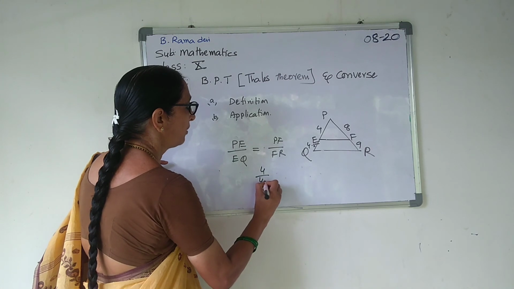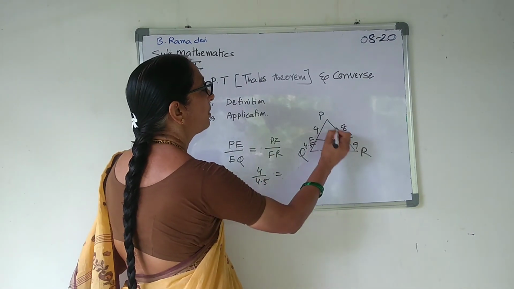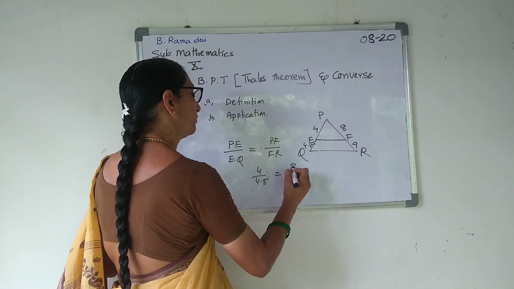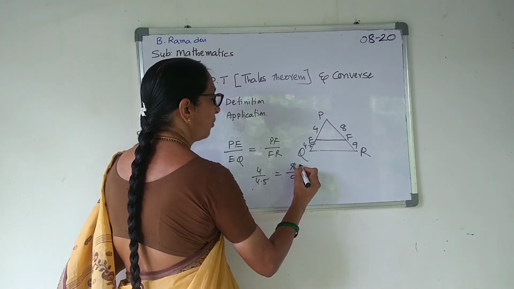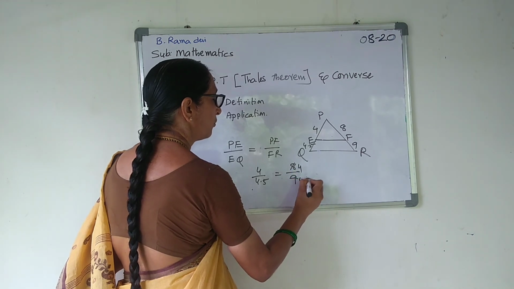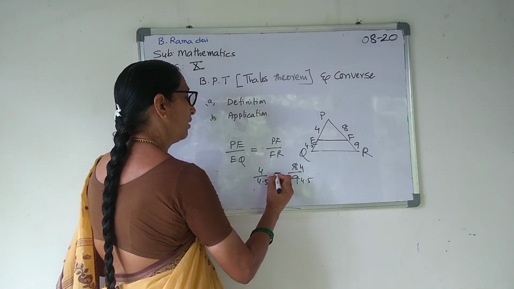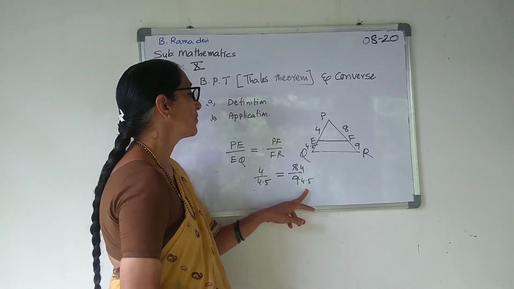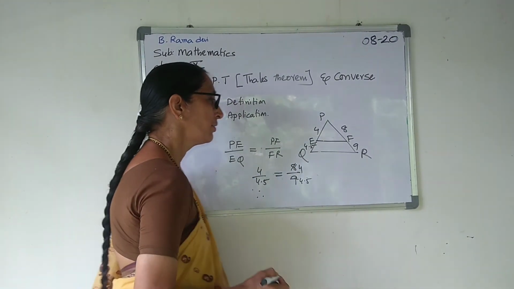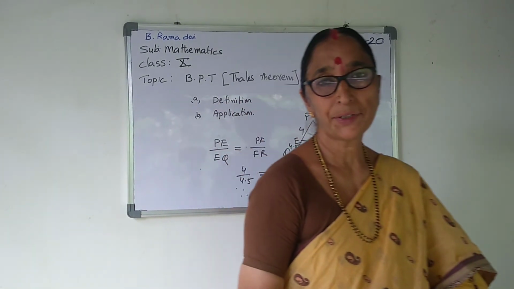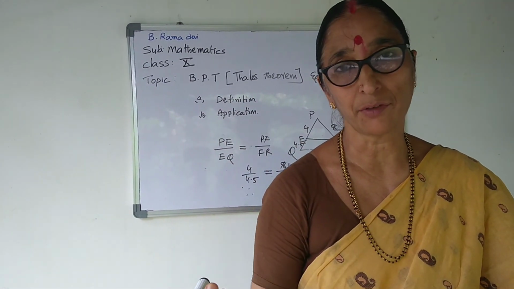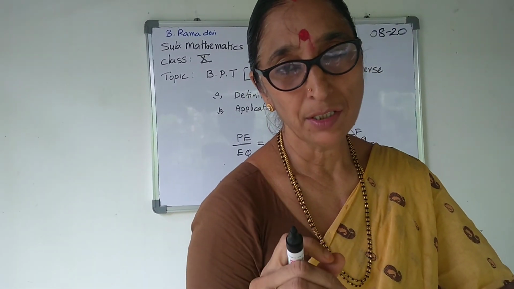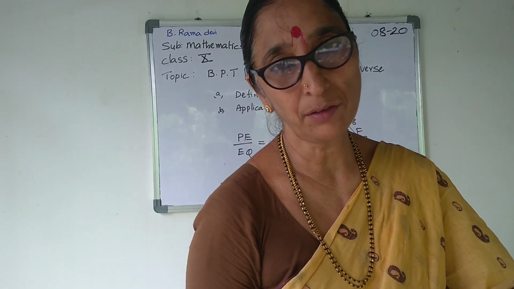PE 4 by 4.5. Here PF 8 by 9. These two ratios are equal. So, according to BPT or its converse. Now tell me, is it BPT theorem or its converse theorem?